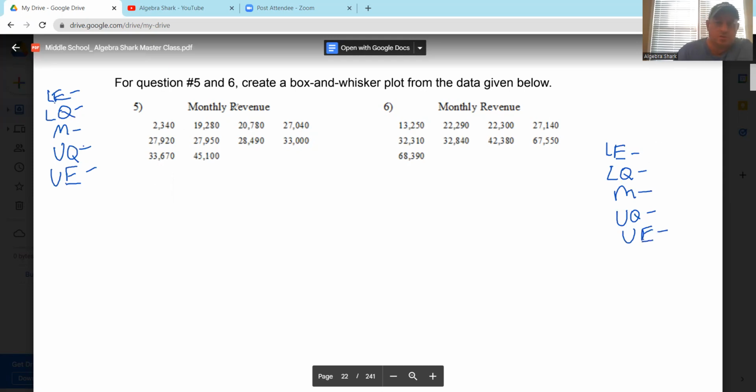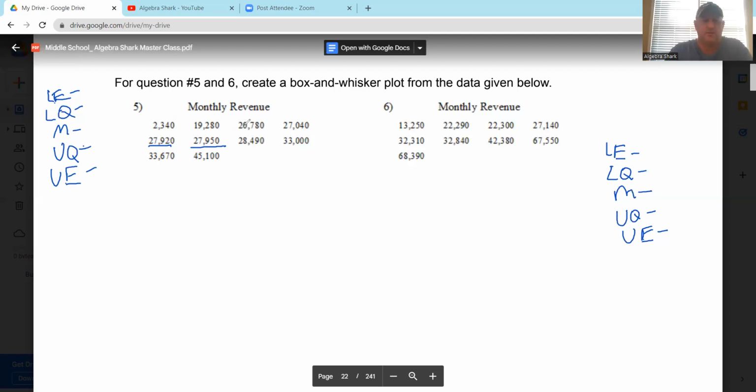Okay, so they're in order. That's nice. There looks to be 6, 10. So we're gonna have two middle numbers, right? So 1, 2, 3, 4, 5. And then going the opposite way, 1, 2, 3, 4, 5. So it looks like 27,920 and 27,950.